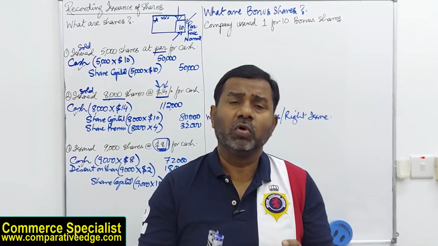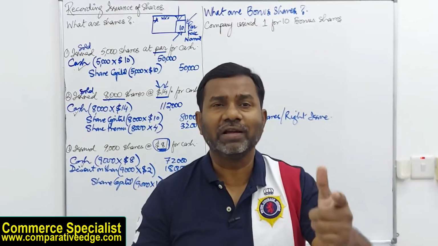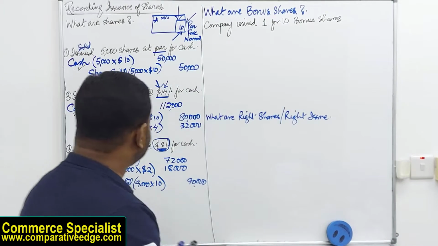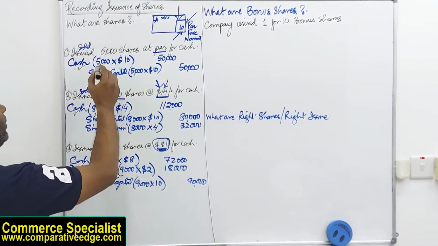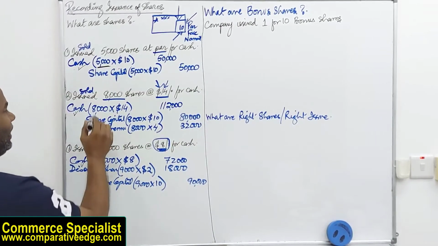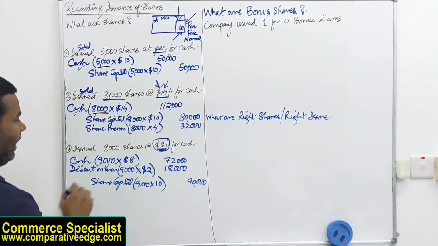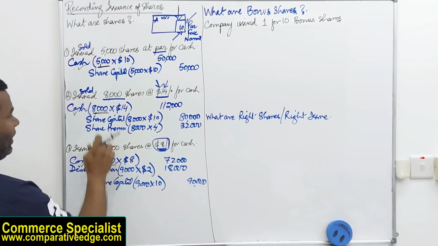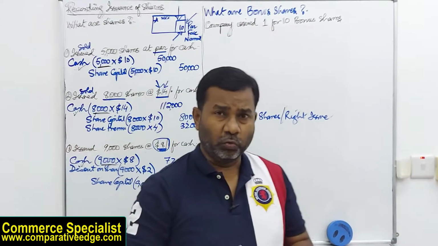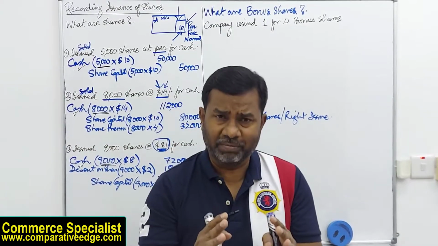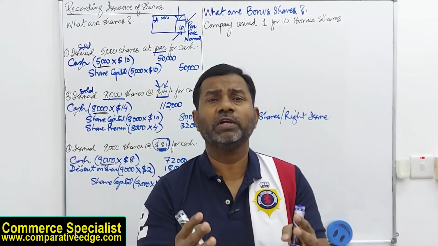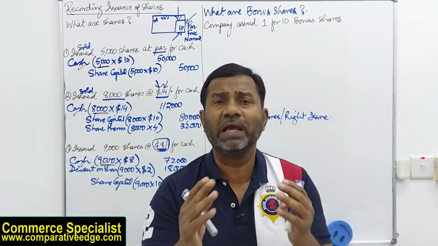For that you need to know how many shares are outstanding. Outstanding means already issued. So company sold 5,000 shares initially, then 8, and then 9. So 9 and 8 is 17, 17 and 5 is 22,000. Which means the company has already issued 22,000 shares, in other words, 22,000 shares are already outstanding.